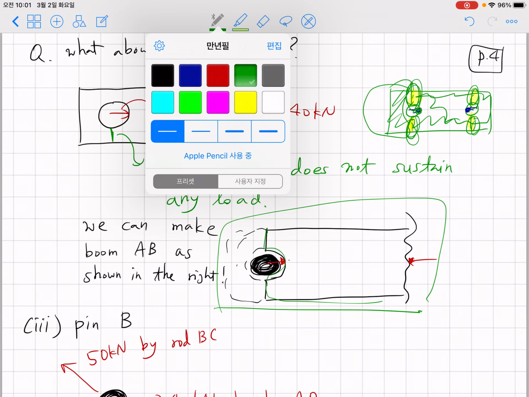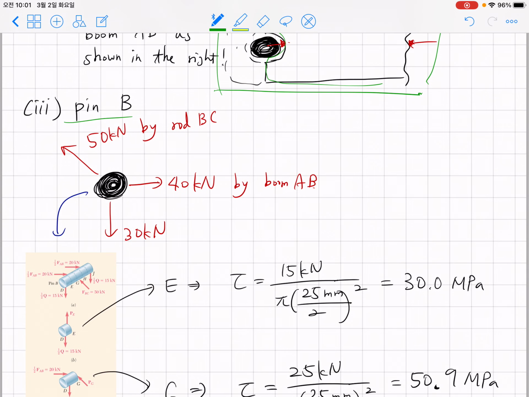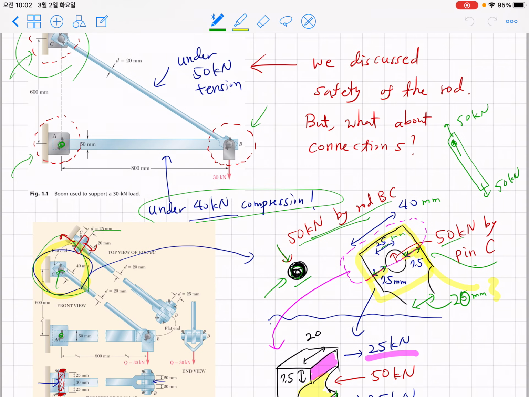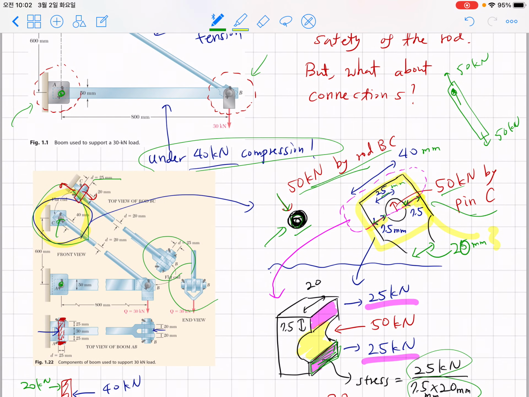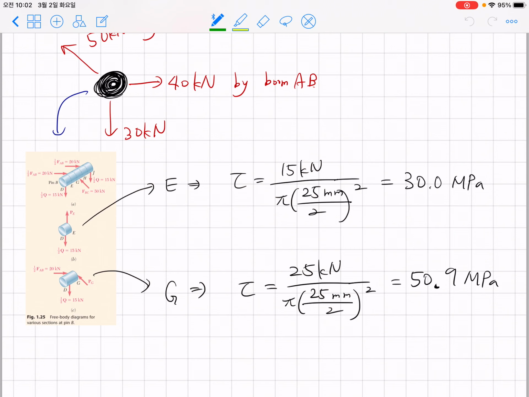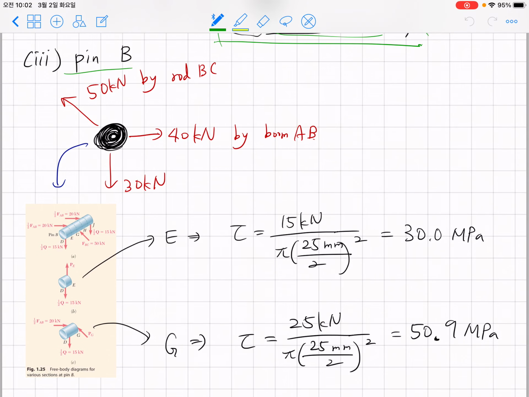Okay? Now let's move on to pin B. Pin B is quite complex. If you look at the magnified view here of pin B, it's quite complex, so please take a look at your textbook in detail, but let me just tell you the final answer.